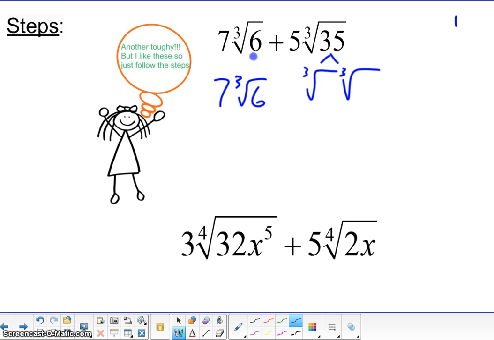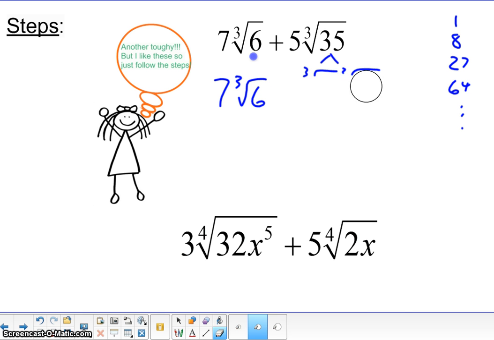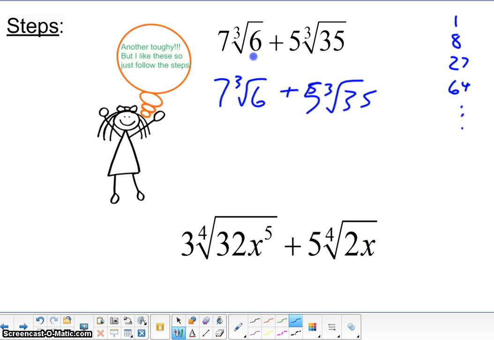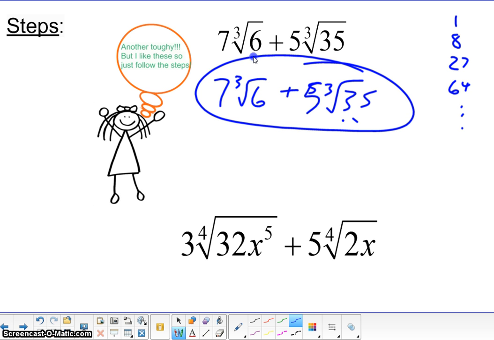We've got 1 cubed, 2 cubed, 3 cubed, 4 cubed, and so on. None of these are going to be factors of 35. So if neither one of them breaks down, then you're just going to have to stop. There's nothing else you can do about that.